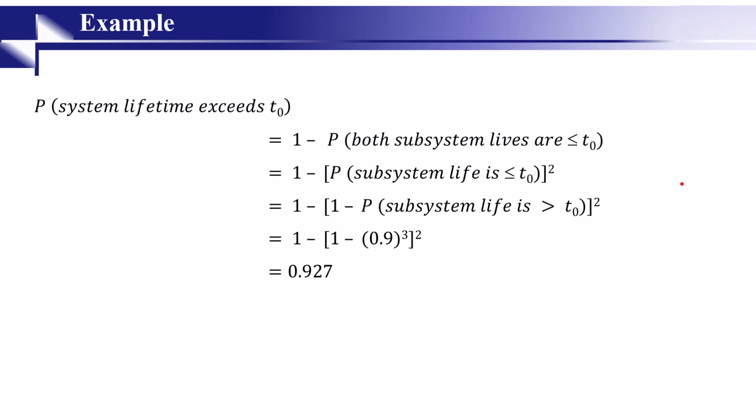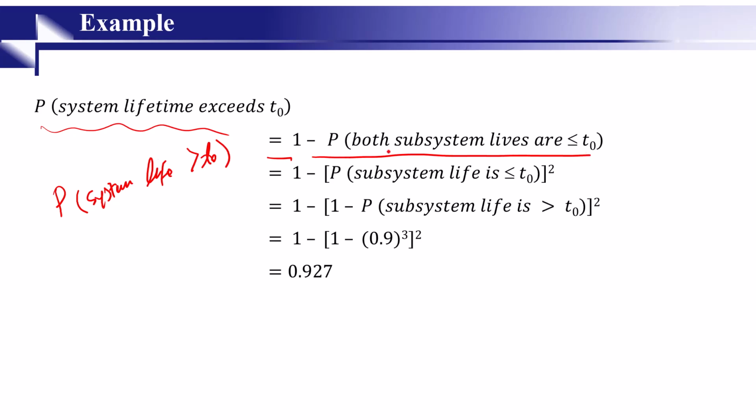So the probability that the system life is greater than t0 is 1 minus the probability both fail, which is 1 minus P(subsystem life is greater than t0) squared.